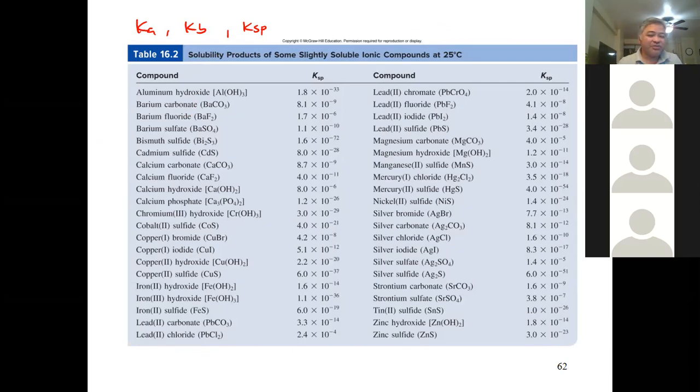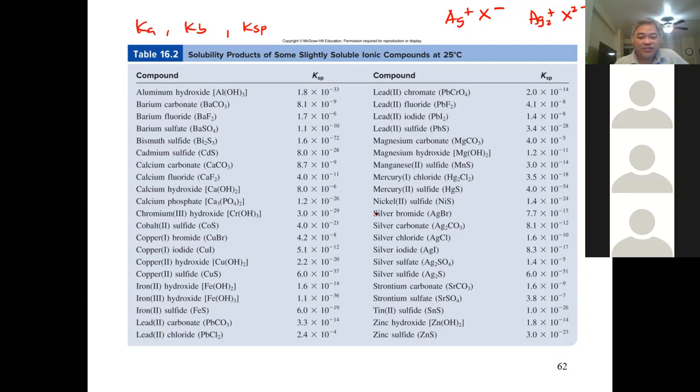And if we're given the same type of compound, we can compare right away by using the Ksp which one is more soluble, let's say, between two materials. Now, what do I mean by the same type of material? Let's say you have a silver ion and you have like this one, so you can compare them if they have the same type. But if you have it like this, then it's another story.